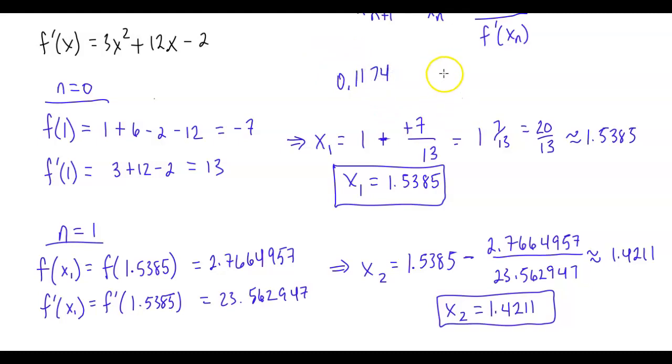So I need something with at least 0.00 and then something here. More than likely, since I said 0.001, I would like the difference to be 0.001 or less.